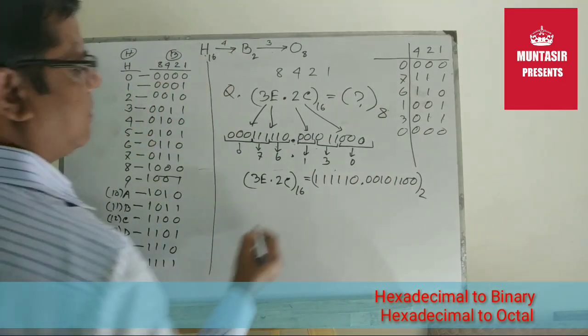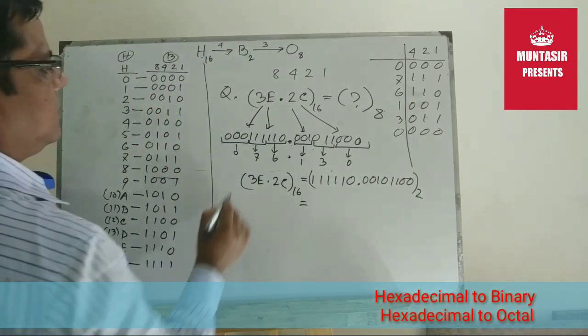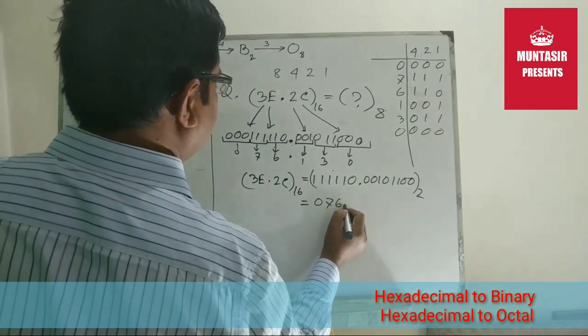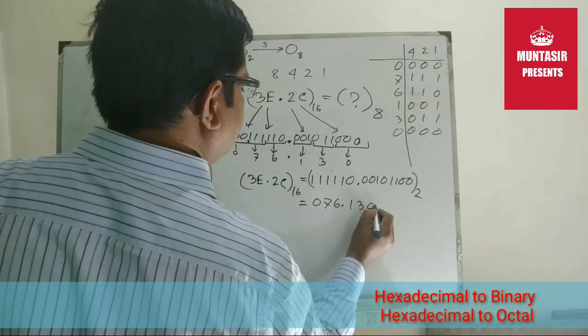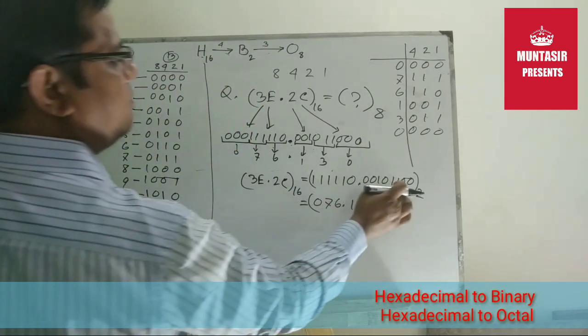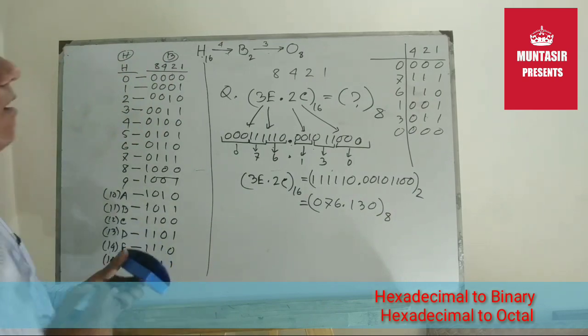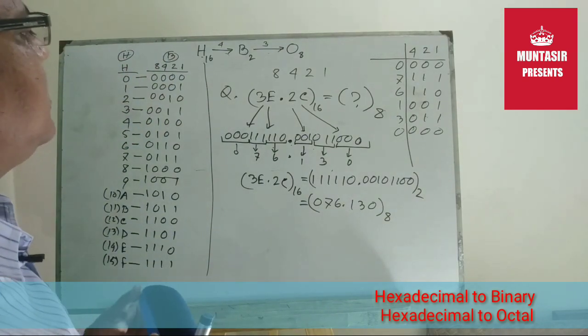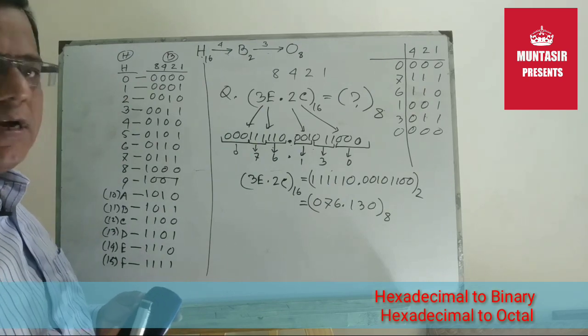So we can easily write 76.130. This is octal. Hexadecimal to binary and hexadecimal to octal you can write easily. So my dear student, I think you can understand.